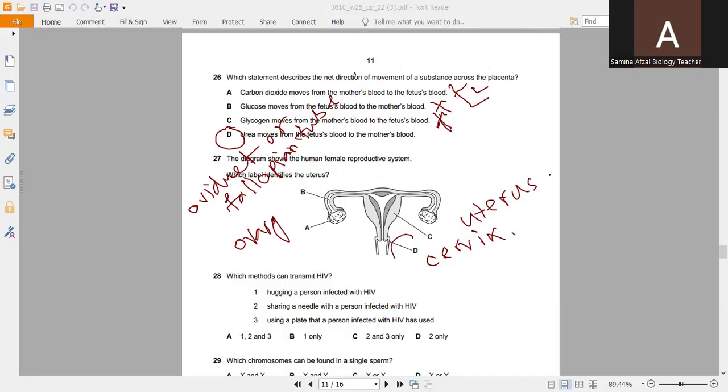So D is the correct option. Sorry, I have circled the wrong one. They have asked about the uterus, so C is the correct option.